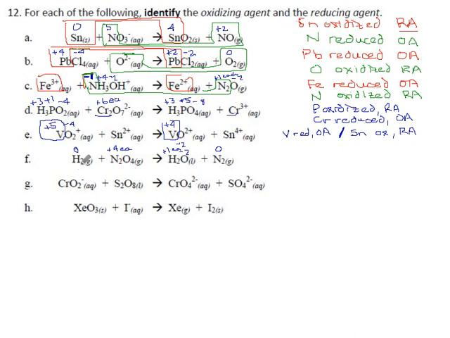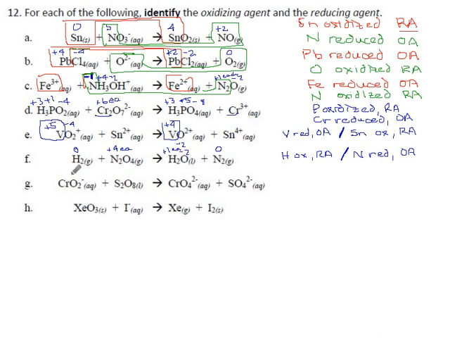Hydrogen here went from 0 up to 1. So hydrogen was oxidized, which makes it a reducing agent. And who else changed? Nitrogen started at 4 and fell to 0. Nitrogen was reduced, so it's our oxidizer.